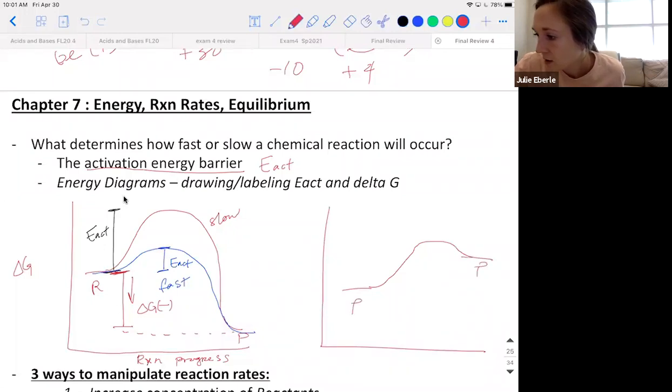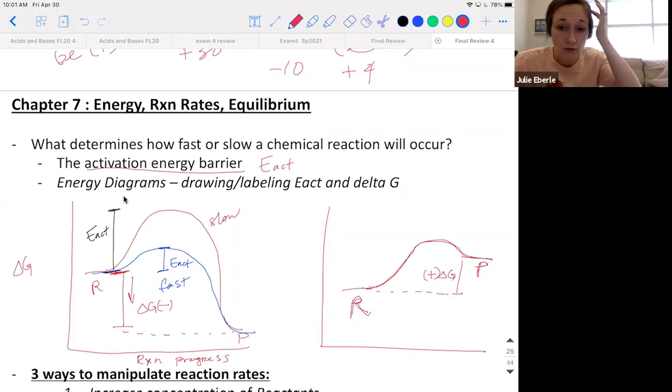Here my delta G is positive. I'm going up. That's reactants, sorry, reactants, products. And you could still also label the activation energy.